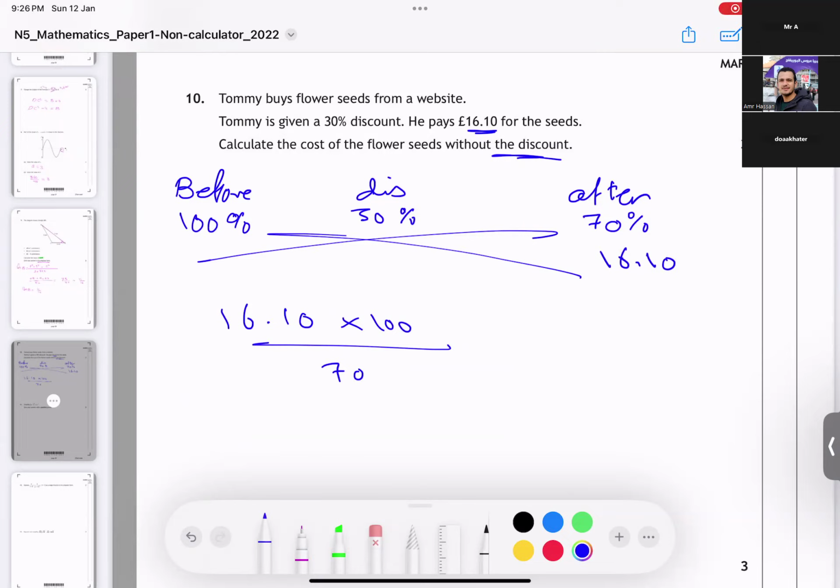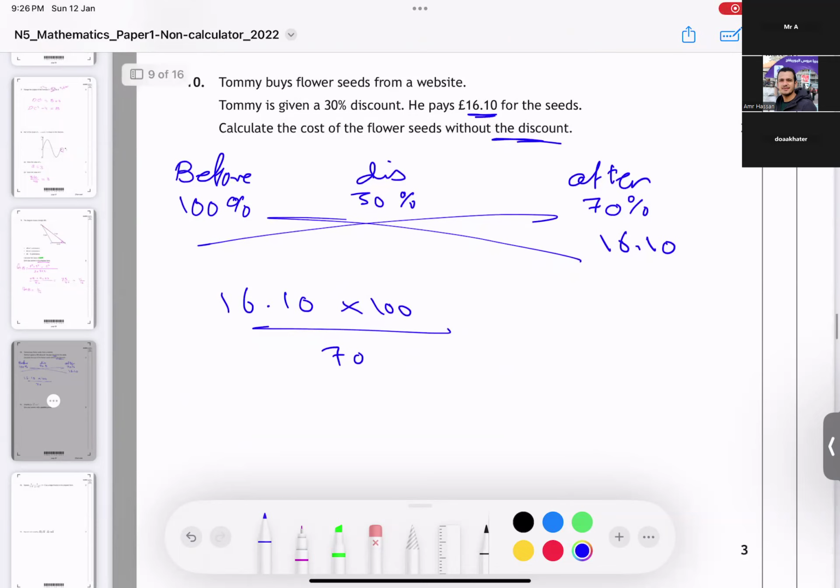Understand it. So this one, I meant this one's going to be, because I need to put the point, divided by 70, right? Yep. So 23 is the final answer.